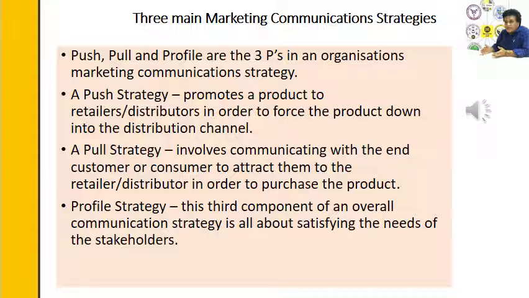Whereas in the case of the profile strategy, the organization tries to satisfy the needs of all stakeholders. In this communication strategy, the communication of the company is aimed at distributors, retailers, regulators, customers, of course, financial markets, wholesalers, employees, local communities. So typically big business houses, big conglomerates, don't use just one type of strategy, which is a pull strategy or a push strategy.